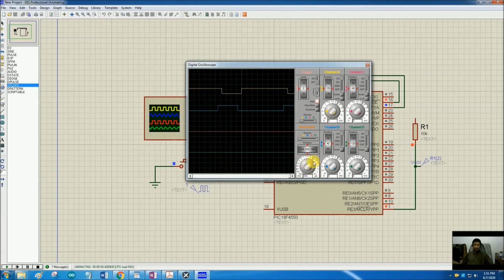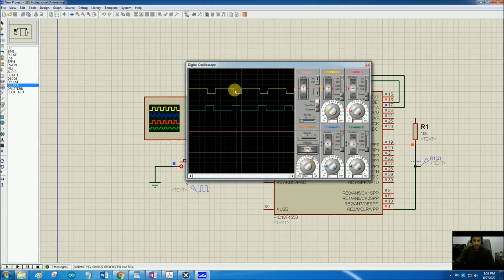Let me change the time scale here. If we can see here, the time scale is currently at 50 microseconds, so one box is representing 50 microseconds. In the yellow waveform, the waveform remains off for 1.5 boxes, 50 plus 25, 75 microseconds, and remains on for 3.5 boxes, 150 plus 25 is equal to 175 microseconds.